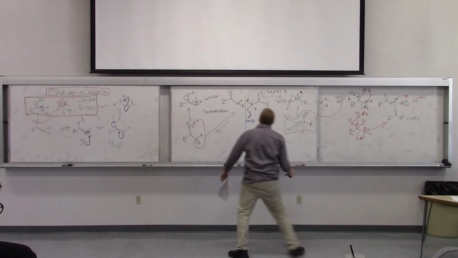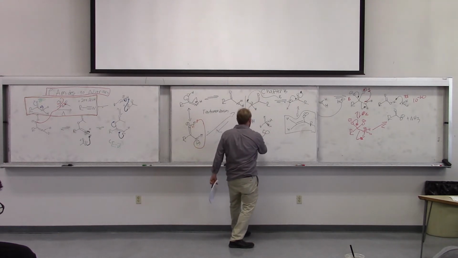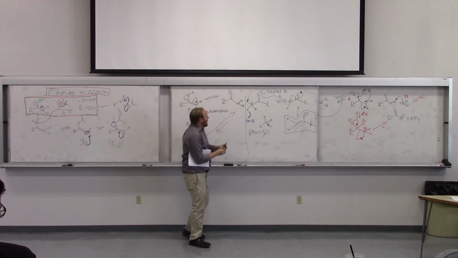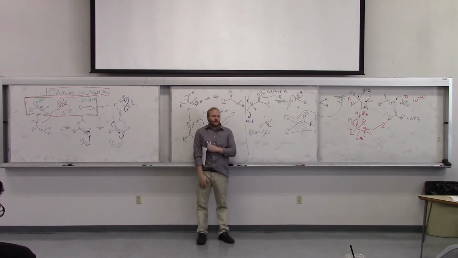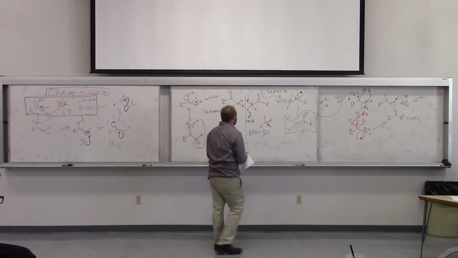So just to give you an example, what's the pKa of methane? About 50, thanks. Does anyone want to guess what the pKa of a typical alpha hydrogen is? About 20 to 25, depending on your situation.